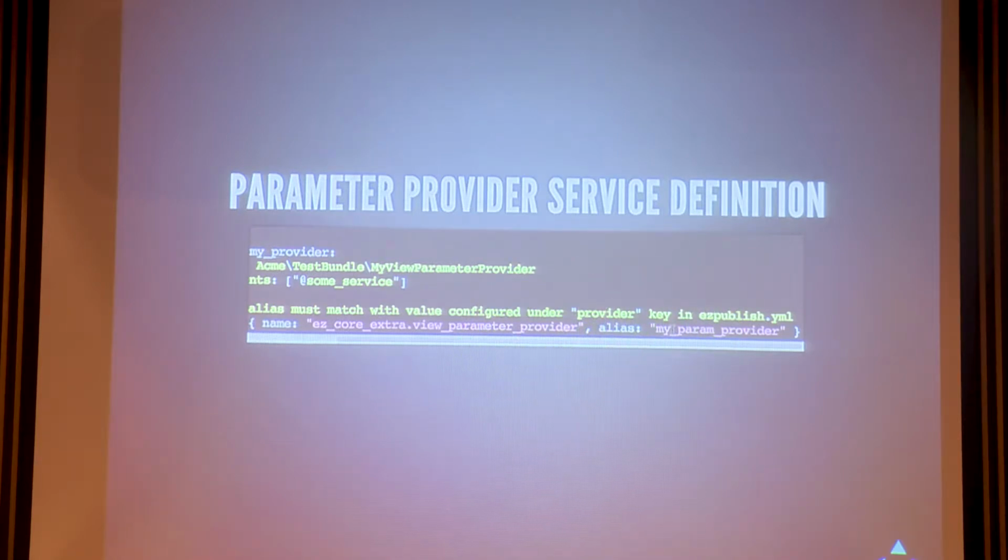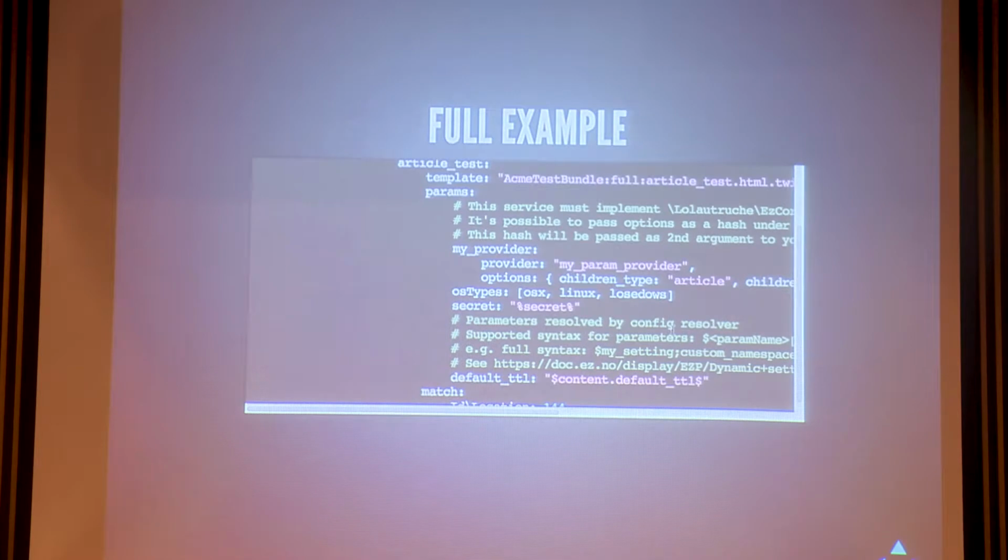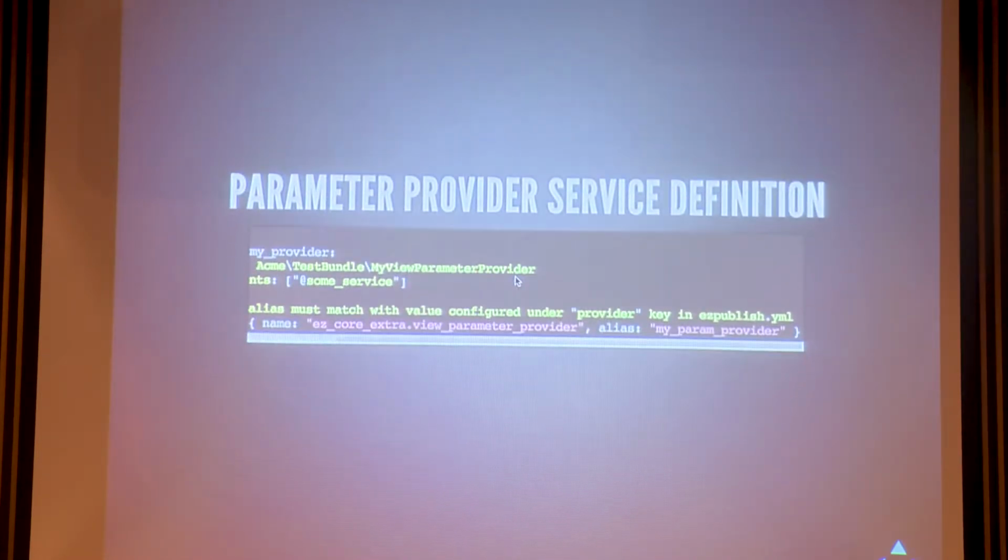Remember in the configuration, here, my provider, this is the alias here. Oh, well, it's not the same, but anyway. This alias attribute will eventually go away since I'm working on some refactoring about that to use the autoconfigure feature in Symfony for services.